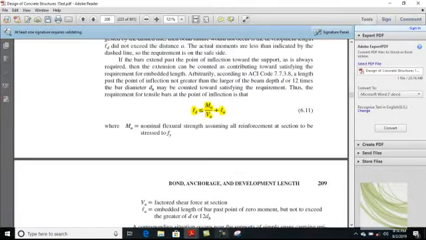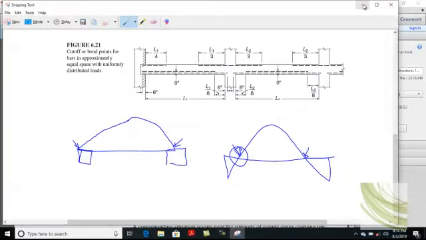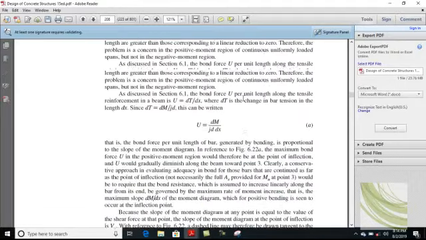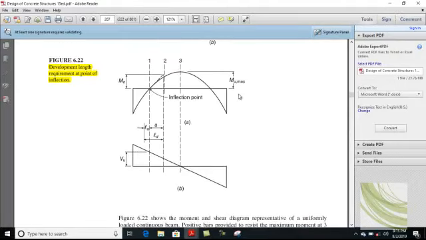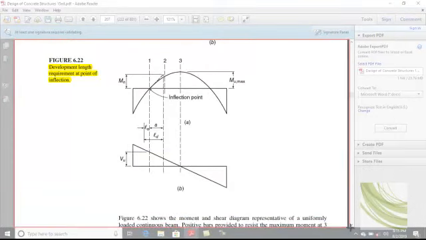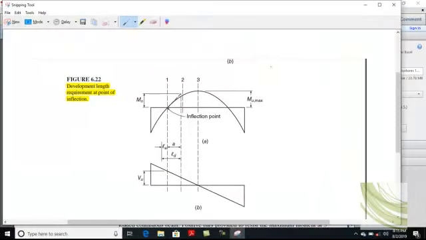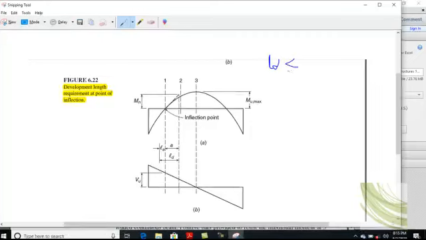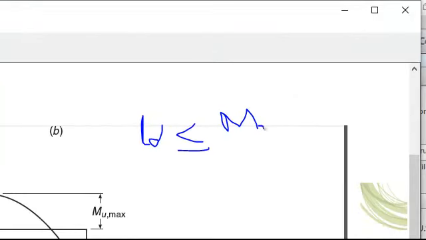You have to check this ACI design criteria at the point of inflection. Now we are dealing with that criteria: LD must be less than or equal to Mn, that is the nominal moment capacity, divided by the ultimate shear Vu, plus LA. LA is the length of the cutoff bars beyond the point of inflection.